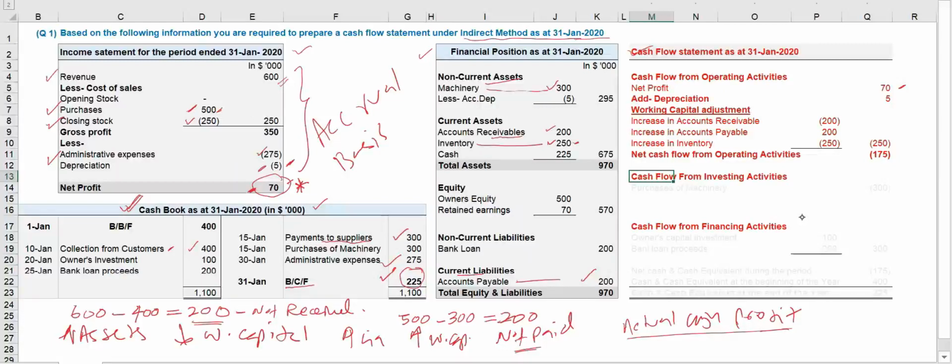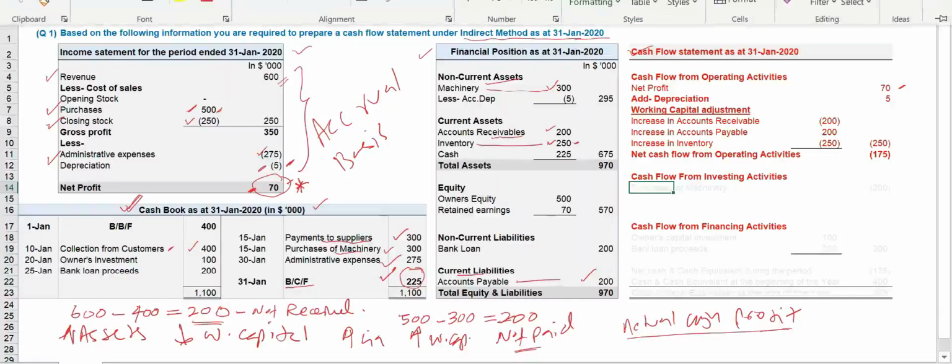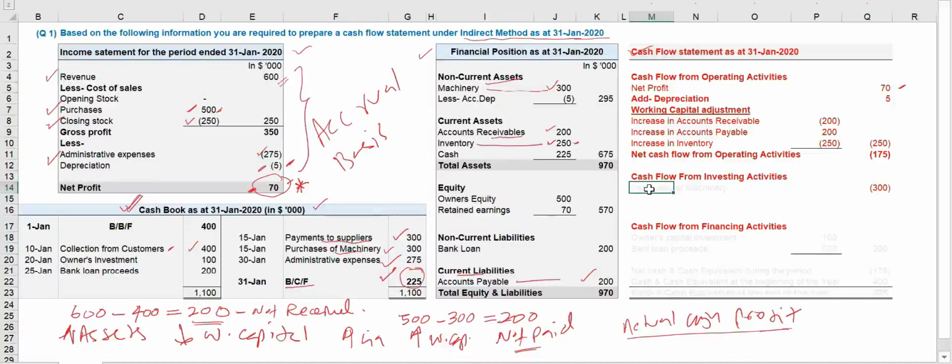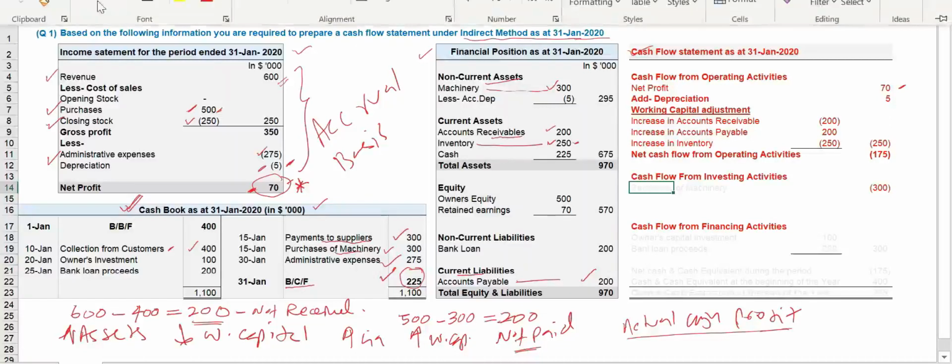This amount you can see in the cash book as well. In the cash book, there is a payment of 300,000. Therefore, this amount has to be shown as an investing activity as a cash outflow. So we can show this as purchase of machinery under cash flow from investing activities.